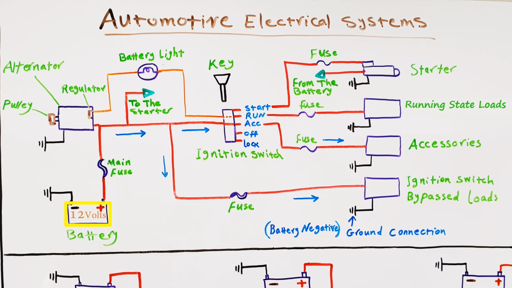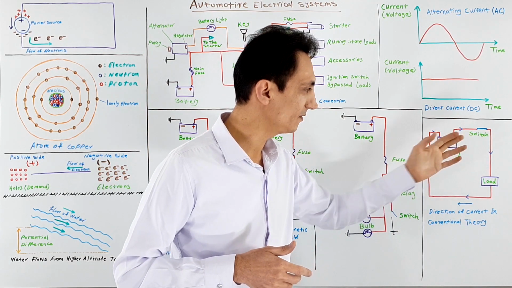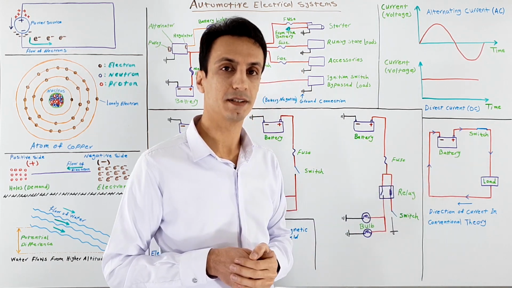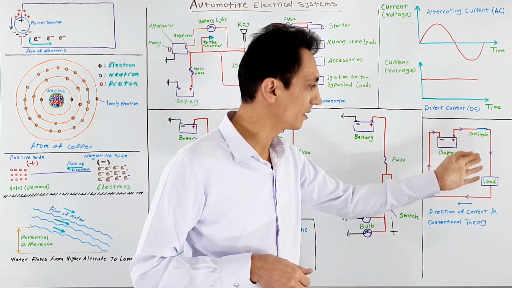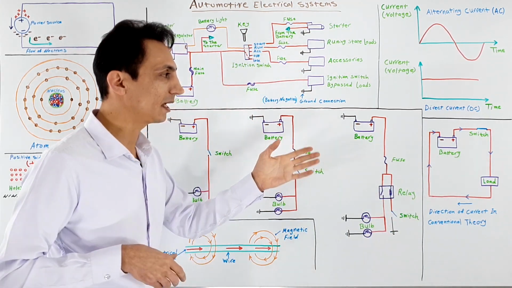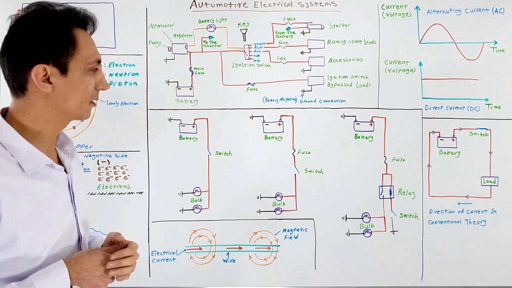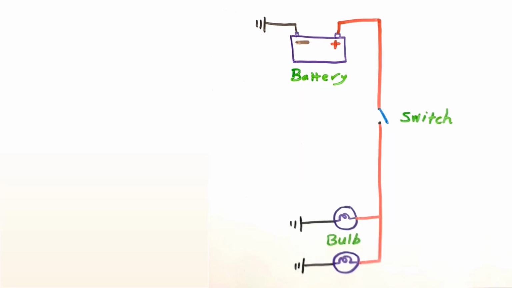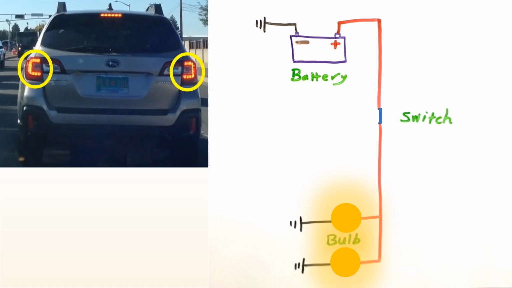But when the electrical current starts to travel from the positive side of the battery, it seeks a path to the negative side to complete the circuit. Designers put the switch and consumers in series or parallel configurations to use and control that electrical current. In this diagram, you can see a very simple circuit that can be used, for example, for the tail lights of a car.